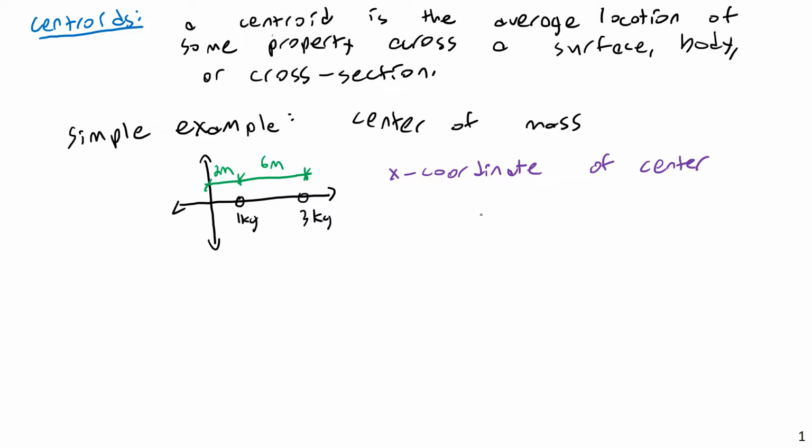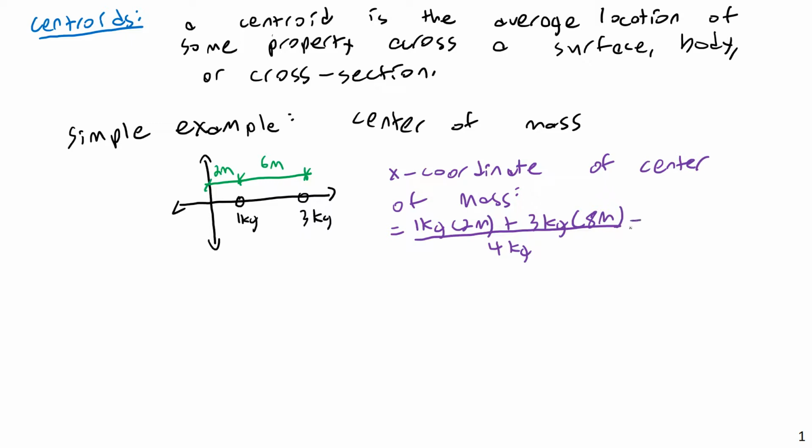The x-coordinate of the center of mass of this system, I would say, is 1 kilogram times 2 meters, basically just a weighted average again, plus 3 kilograms times 8 meters. That's basically the x-coordinate of that 3 kilogram mass, and then divided by the total mass of 4 kilograms.